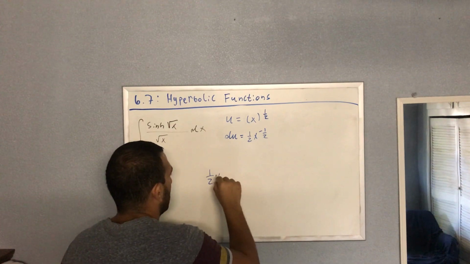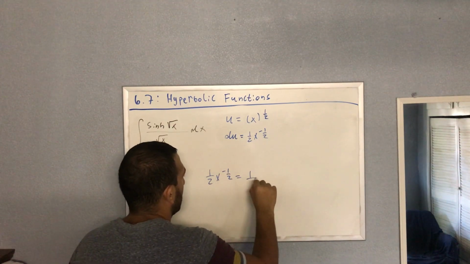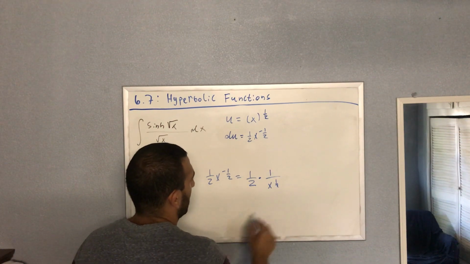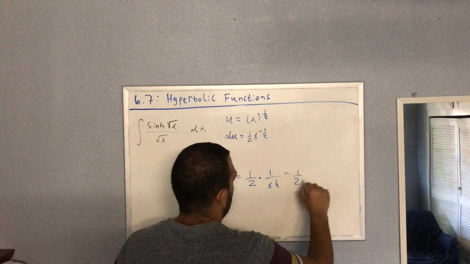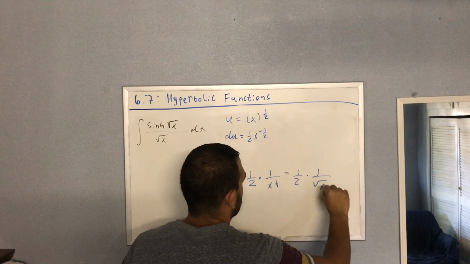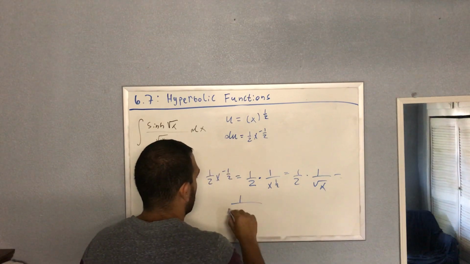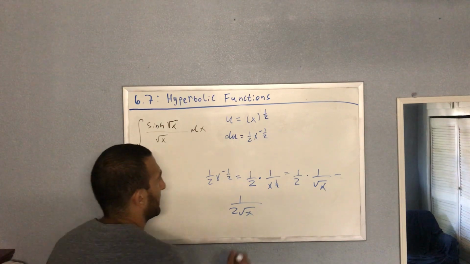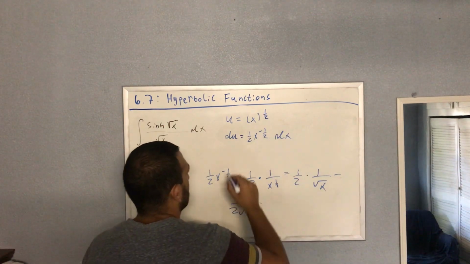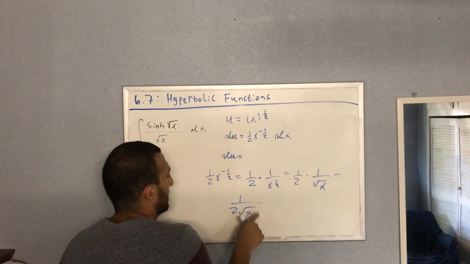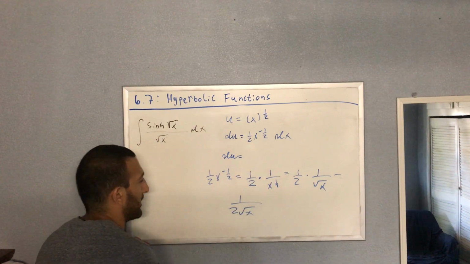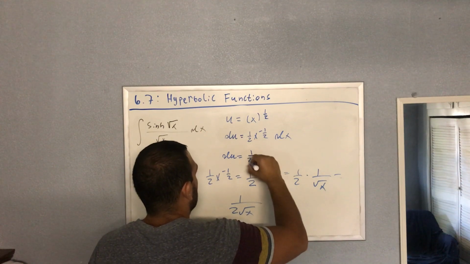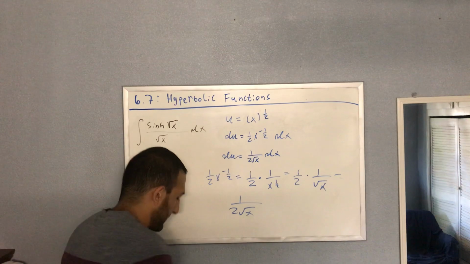Remember 1/2 x to the minus 1/2 is 1/2 times 1 over x to the 1/2, which is 1/2 times 1 over root x, which is 1 over 2 times the square root of x. So this is a nicer form. But remember, we have to tack on this dx here. So you might literally remember this because it just happens so often. So this will be 1 over 2 root x dx.